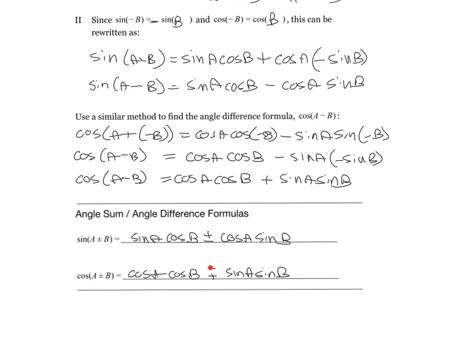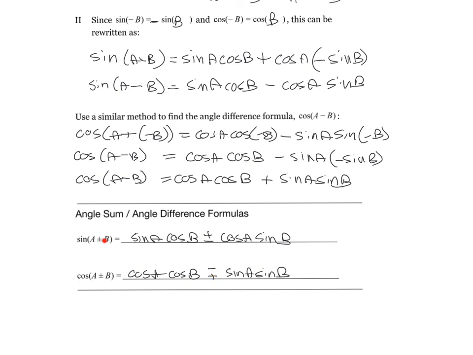Use a minus sign, because plus is on top here, so we're going to do the opposite sign. If this is plus, this is minus. If we're doing the cosine of A minus B, that's the bottom sign here, we're going to use the plus. So whatever sign you have here for the cosine, you're going to do the opposite sign here.